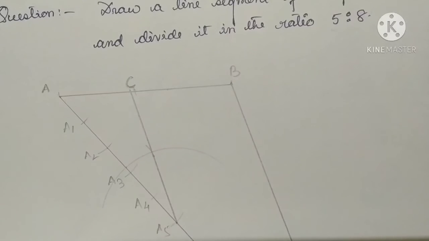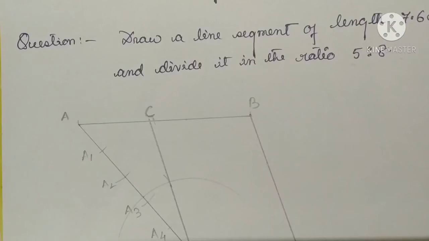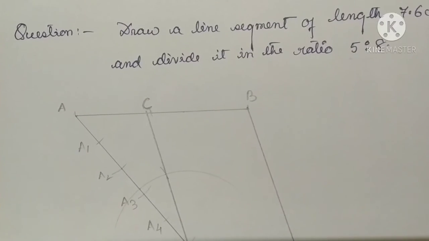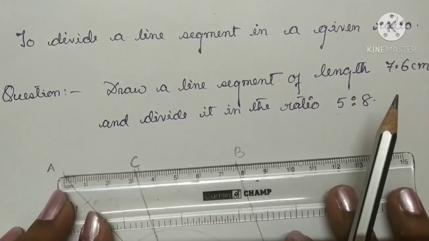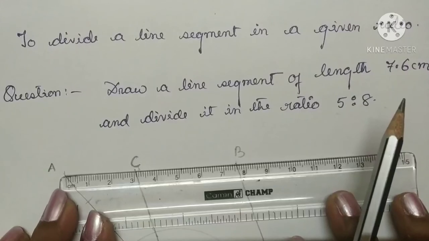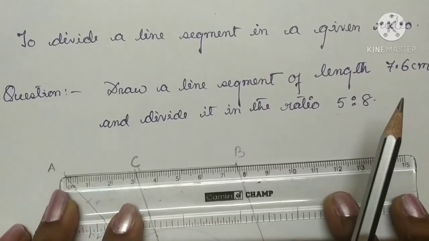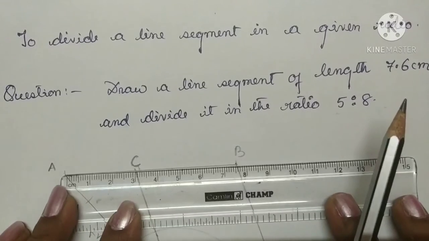Now we need to find out the length, means you have to measure the length of each part. So I am measuring these two parts. Okay, it's nearly 2.9 or 3, something like that.